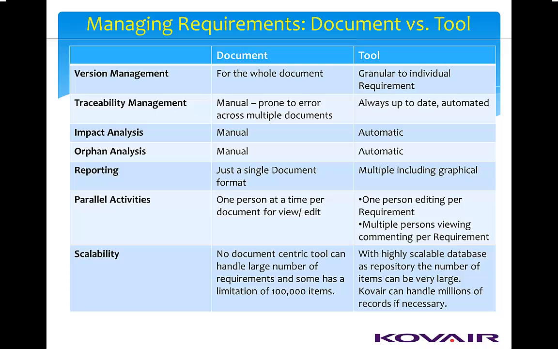As the number of requirements grows, maintaining this manual traceability becomes time-consuming and error-prone. Through use of the tool, this process can become automated and allow us to reduce errors and maintain total traceability even for large projects. We can also do automated impact analysis and orphan analysis.